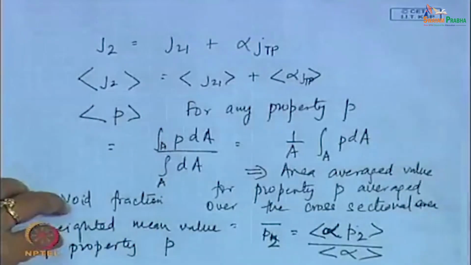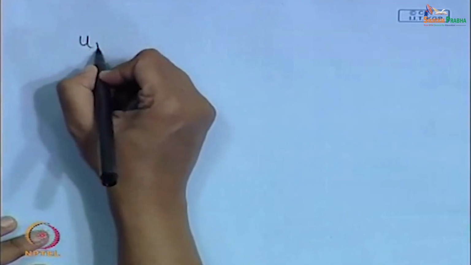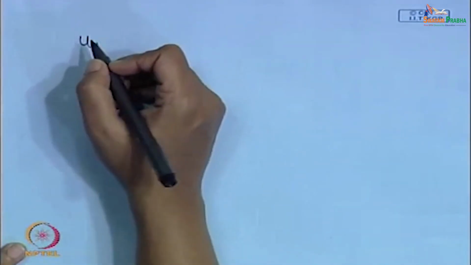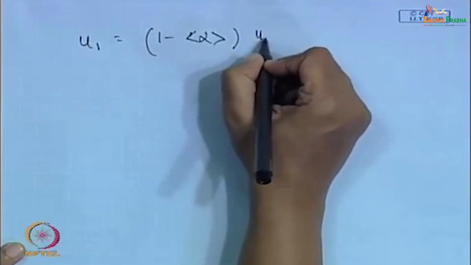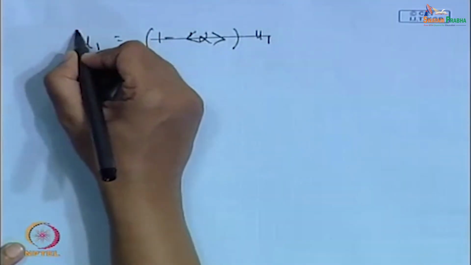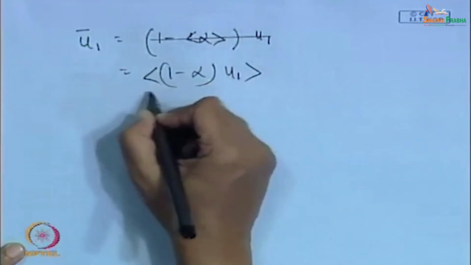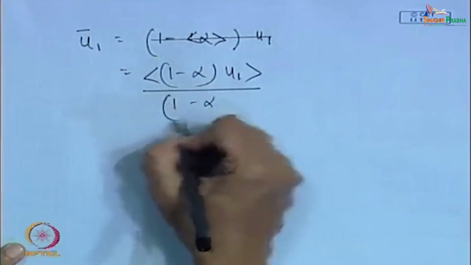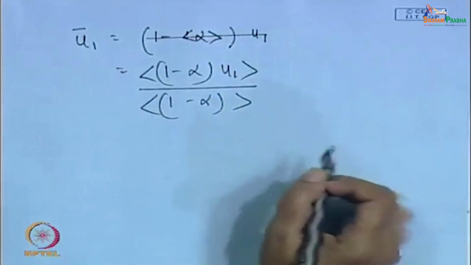Similarly, you can define u1 as well in this particular case. u1 bar equals 1 minus alpha u1 divided by 1 minus alpha. So, at each point you find it out and then you do it.